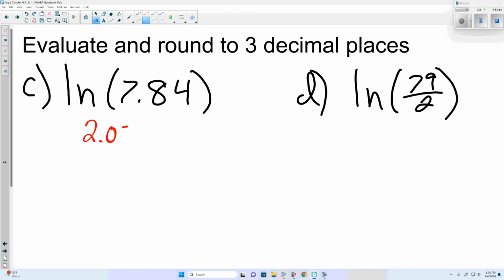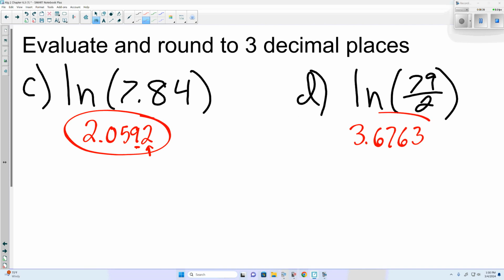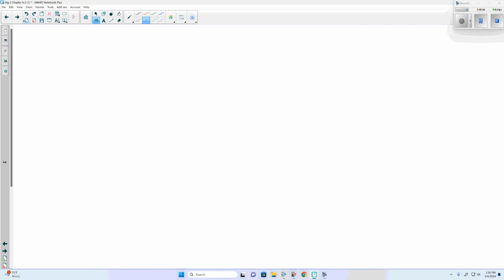Because the 3rd decimal place would be rounding to here, and since the 2 is less than 5, it stays. So 3.676. Questions on these here? Let's do one more.